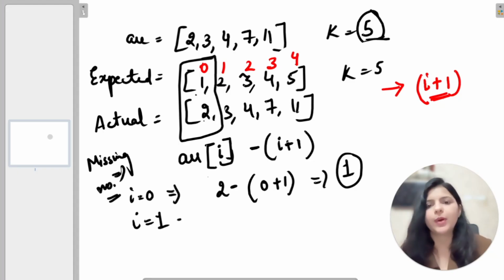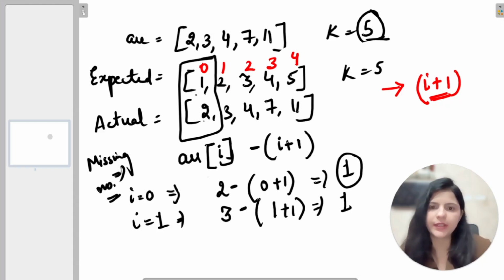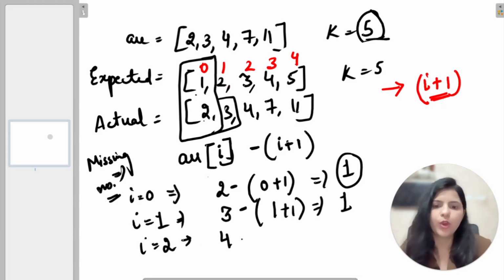Again for I1, number 3 minus 1 plus 1. Again 1. So for index 1 also only one number is missing. You can see here 1 is missing, 2 and 3 is already there, right? Now comes index 2. So for index 2, 4 minus 2 plus 1. 4 minus 3, 1. Still only one number is missing.